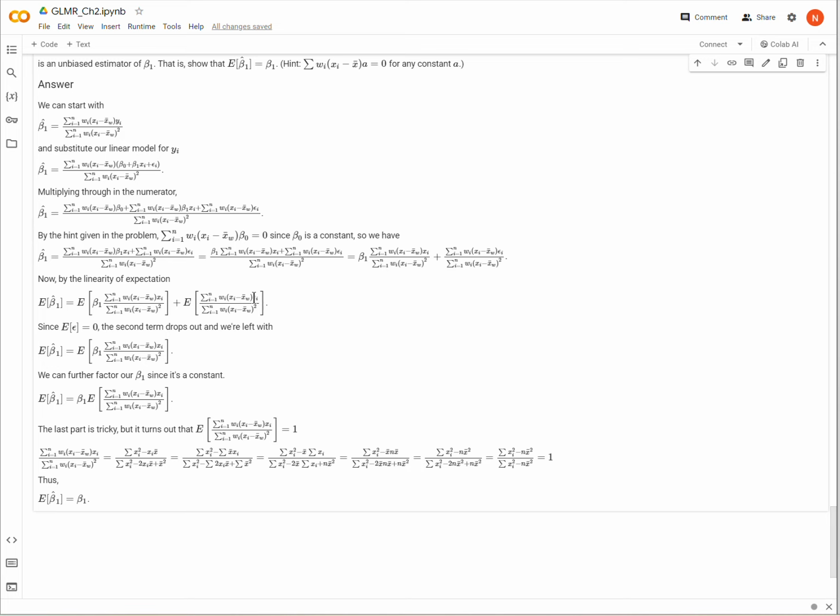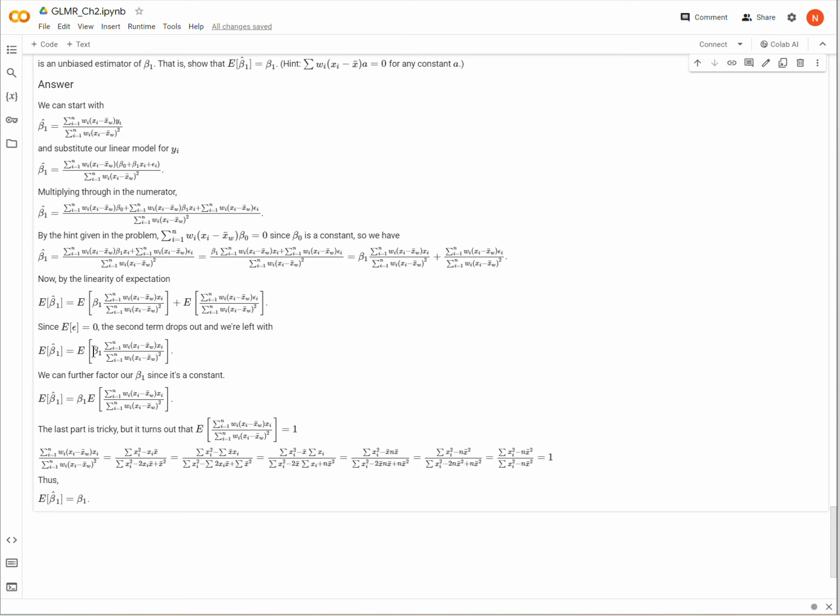For any particular observation we might have an error that's not 0, but we expect the average to be 0, and therefore we expect the sum of the errors to be 0. So that just leaves us with this term right here.